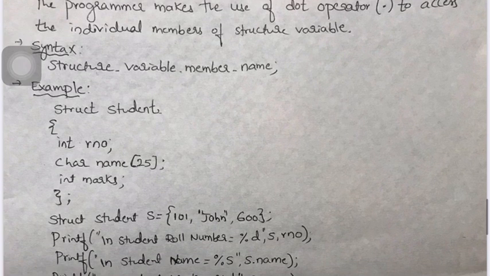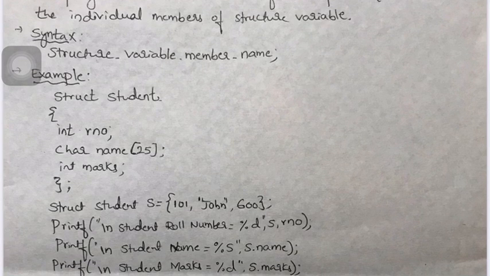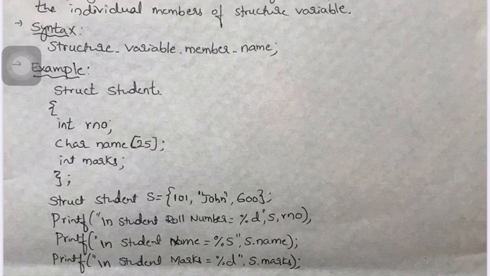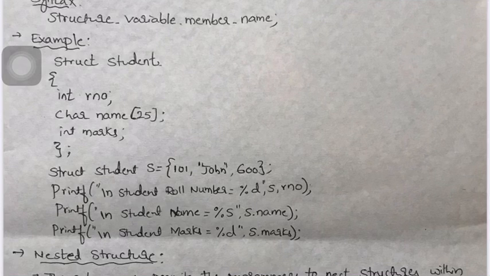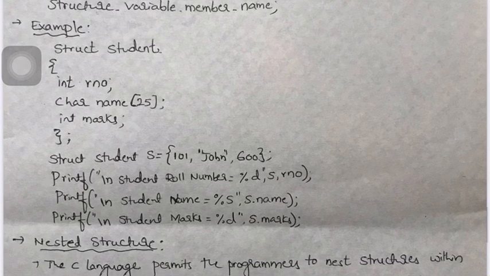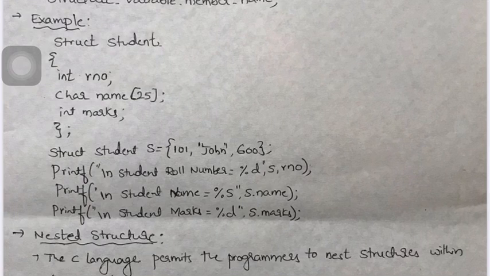This is a simple example for the dot operator. Here struct student, this is a type of structure. The structure type is student, struct is a keyword. Then we are opening with the flower bracket, and then we are initializing roll number of integer values.